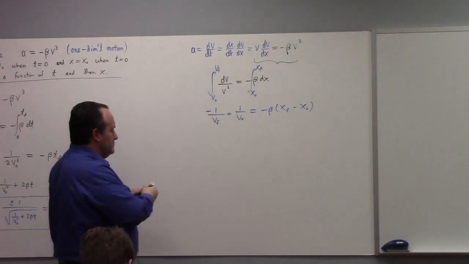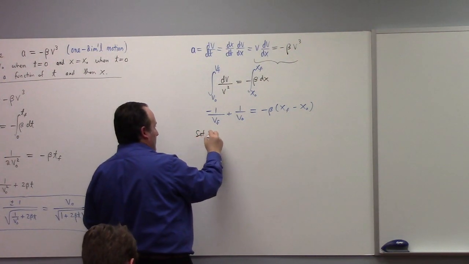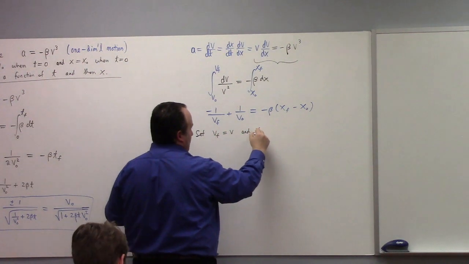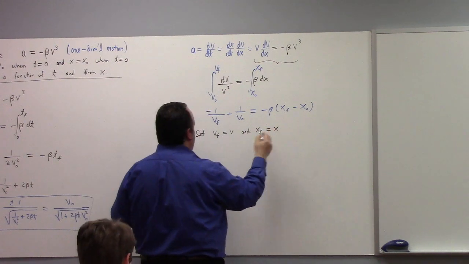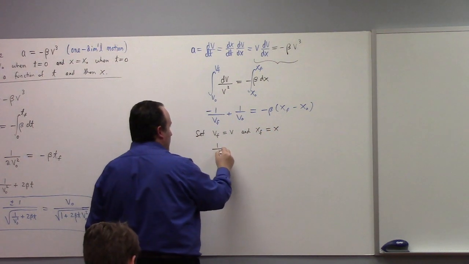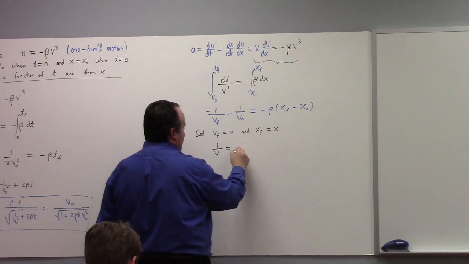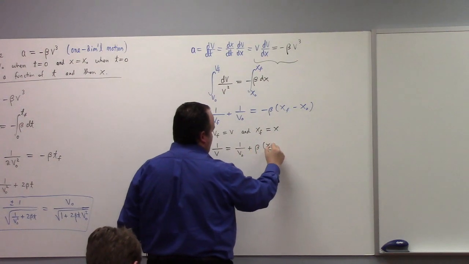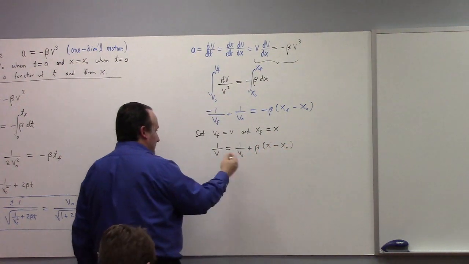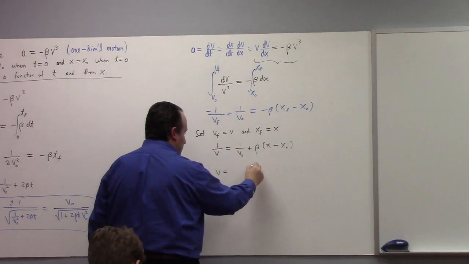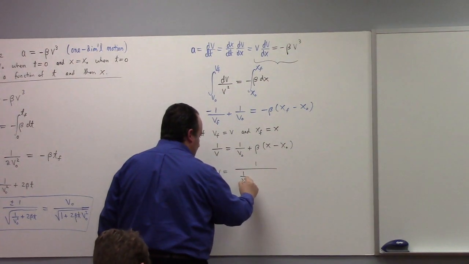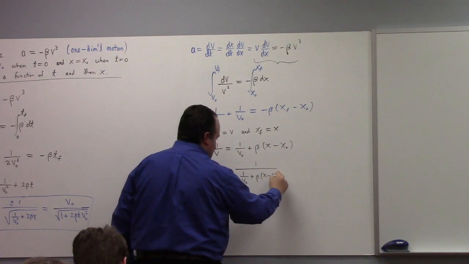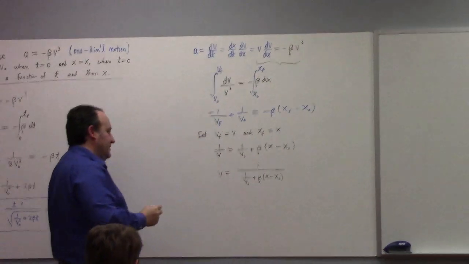And then I'll set vf equal to v and xf equal to x, and that gives me 1 over v is equal to 1 over v naught plus beta times (x minus x naught) if you do the algebra here, which then flipping it gives us v is equal to 1 over (1 over v naught plus beta times (x minus x naught)).